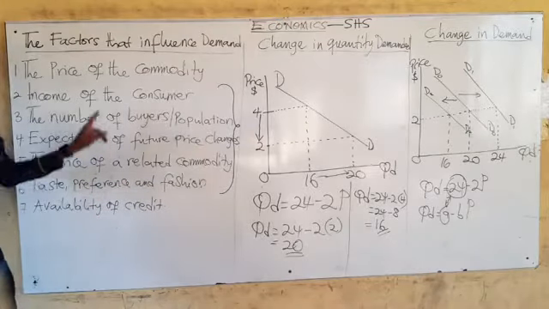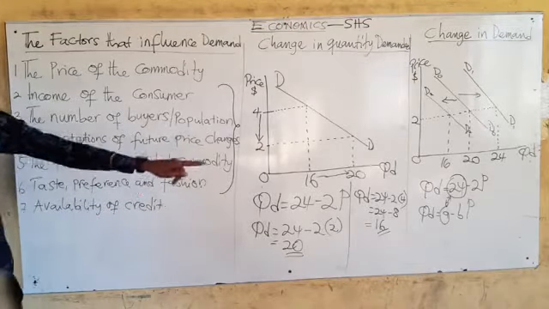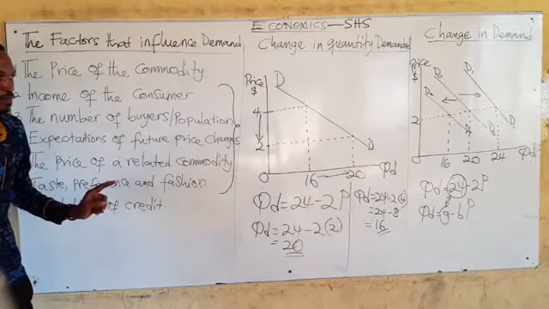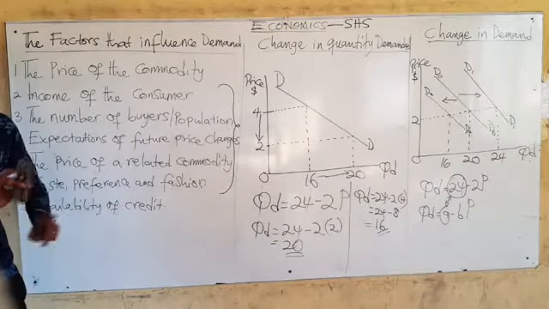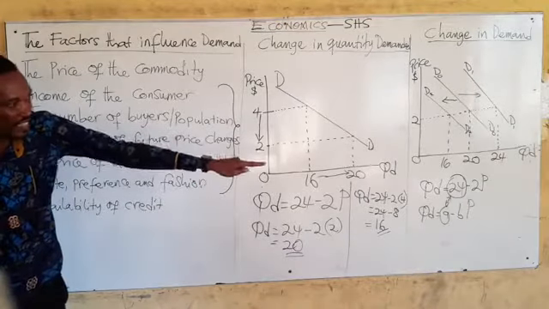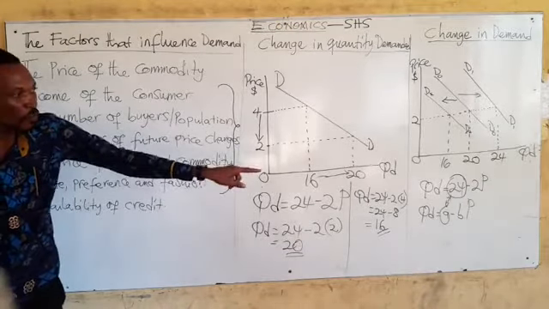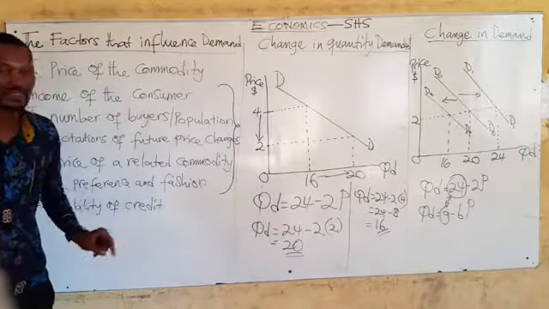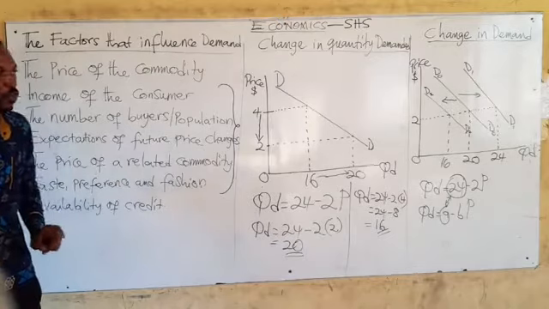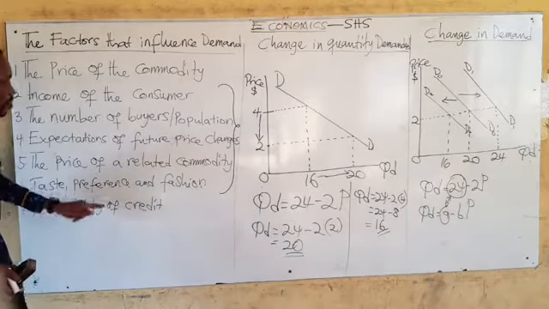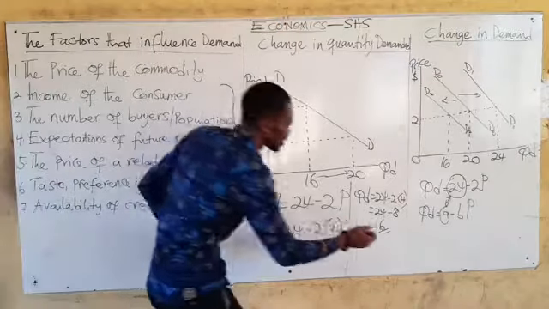These factors don't influence BP and they don't influence P. They influence the constant, i.e. A, or in this case, the 24. It will not influence price or the 2 or the slope. So when any one of them changes, you can only change it this way.